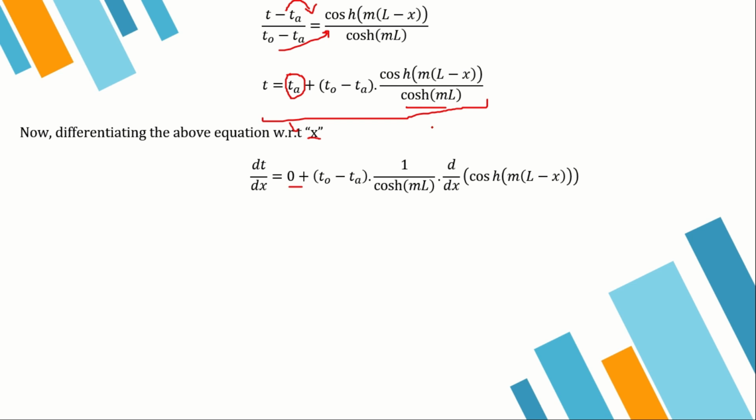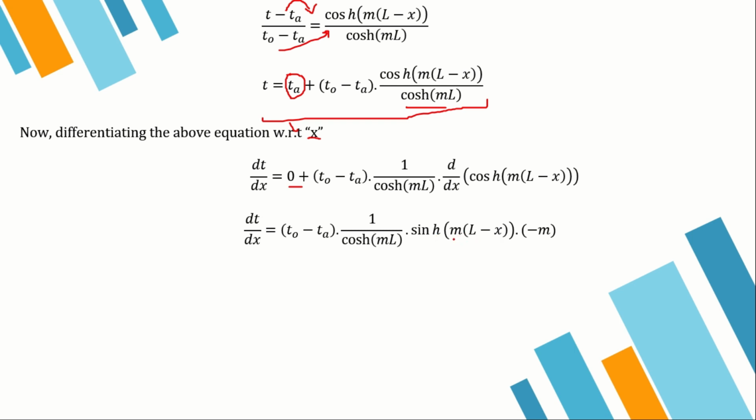As this term has no x, it would be considered a constant term and taken out from the differentiation. So we are left with d by dx of cos hyperbolic m(L minus x). The differentiation of cos hyperbolic is sine hyperbolic m(L minus x).